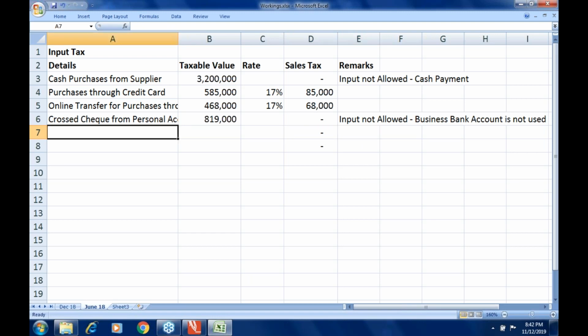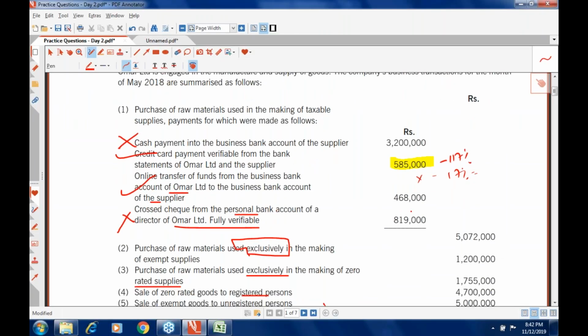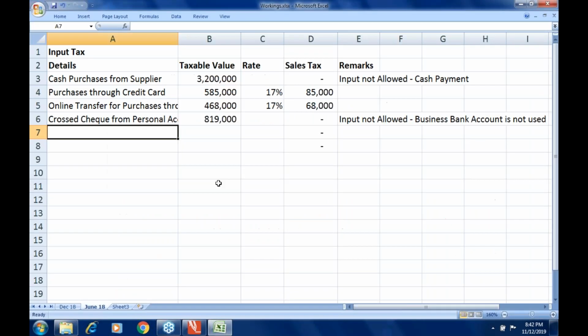The next situation that we need to talk about is purchases of raw material used exclusively in making of exempt supplies. So the input will be disallowed of 1.2 million. Is that how it is? Okay.